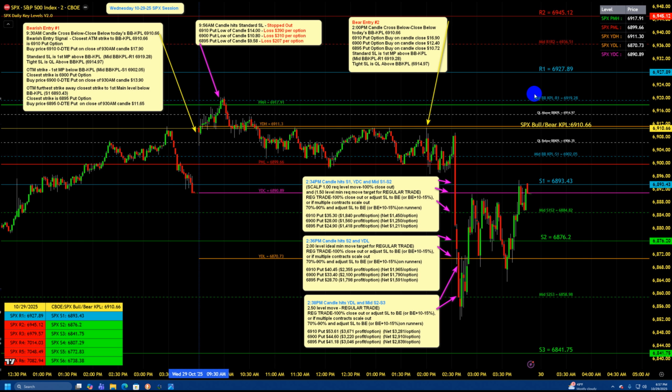Okay, so we'll go through the levels right now. The most important level that the indicator gives you at the 9:30 open is going to be this level here, the SPX Bull Bear KPL, which stands for key price level.